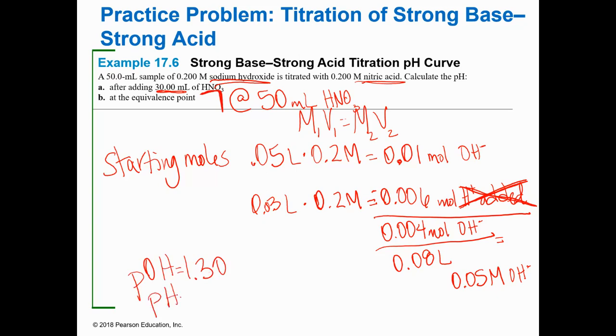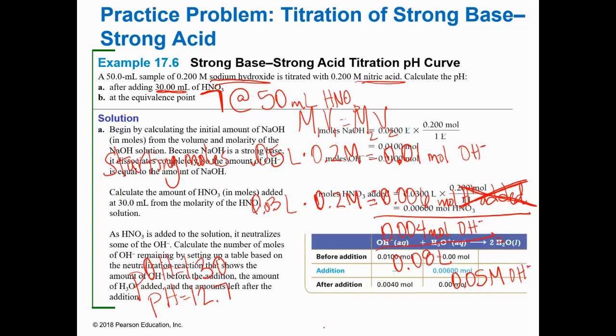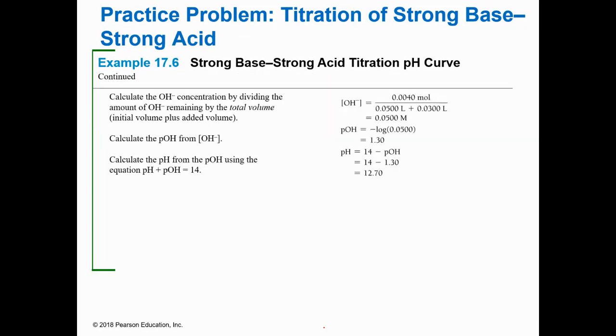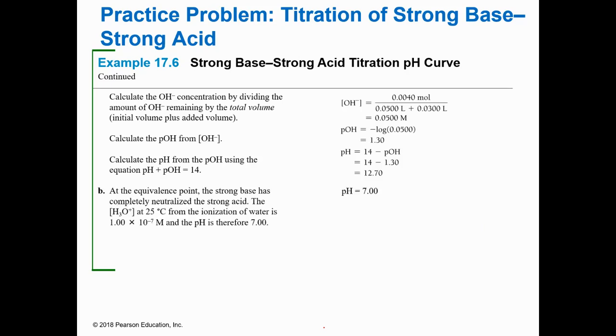So my pH is 12.7. Okay. So they went through the whole process, same thing, 12.7. pH at equivalence should always be 7 in a strong acid, strong base situation.